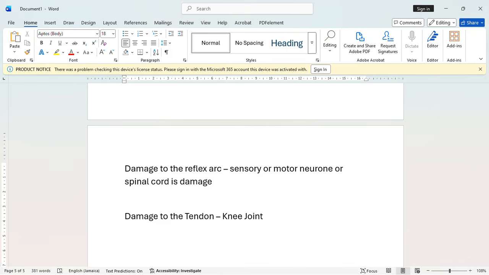All right, so you went ahead and explained how we carry out the reaction, but we want to know why that reaction is done. So, as you said, definitely protection. So blinking protects the eye from damage.